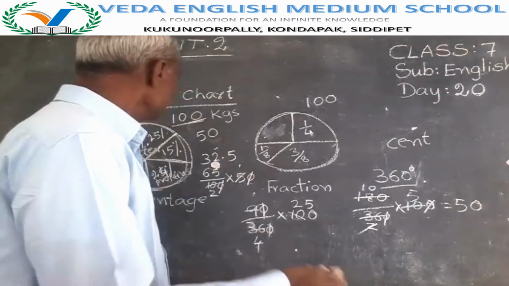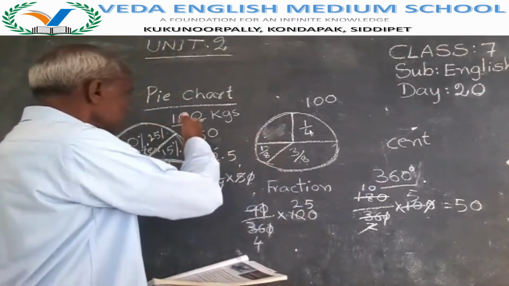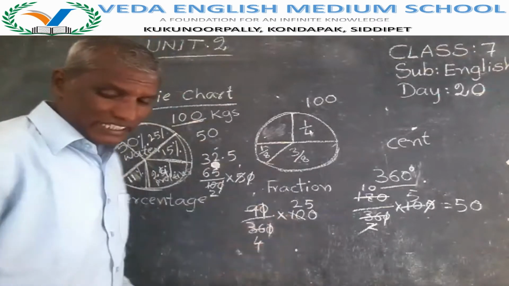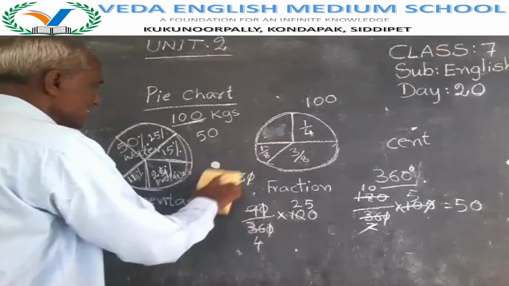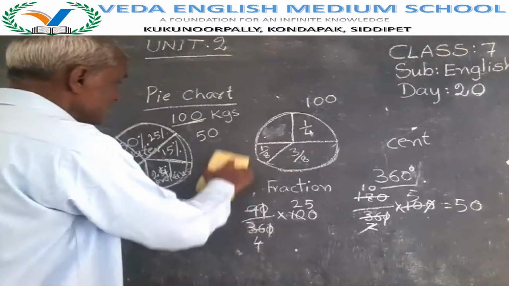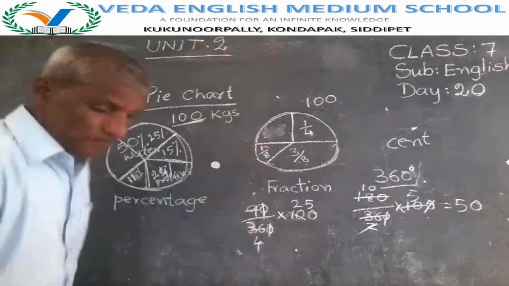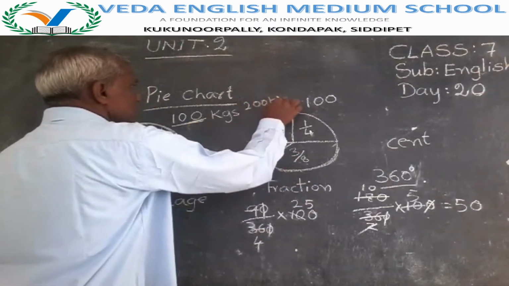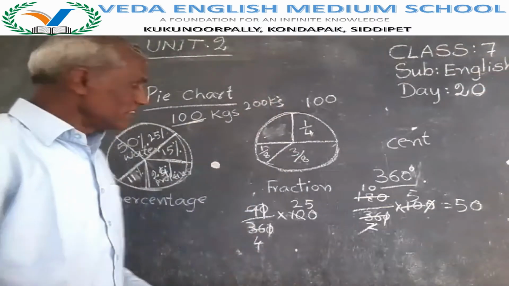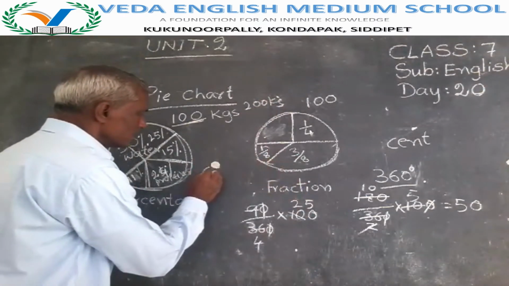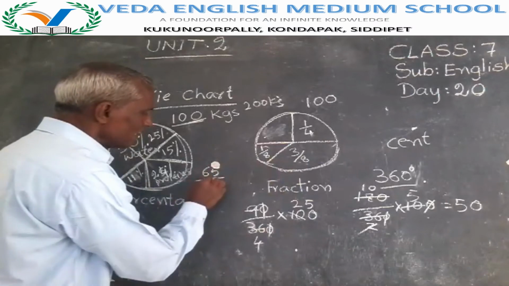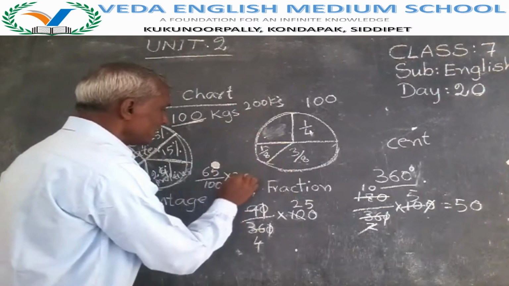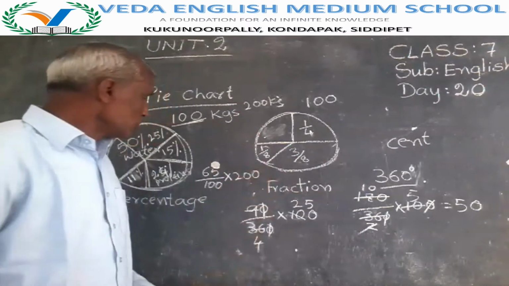For example, if the person's weight is 200 kgs, then 65% means what? Always you should do this. 65% means 65 by 100. The actual weight is 200.